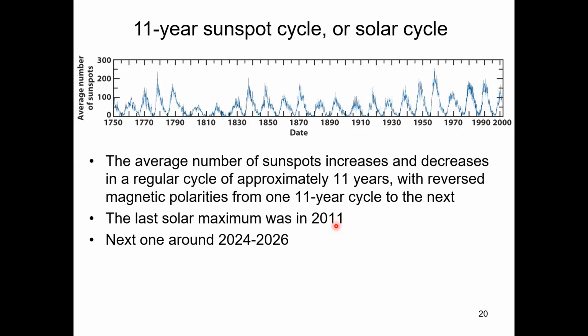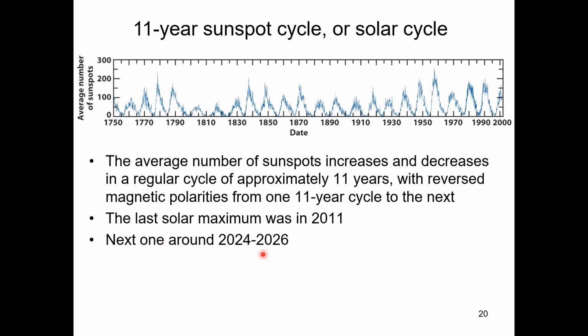So if you add another 11, maybe 2022. This year. Wow. But we don't have the peak this year, right? It is kind of delayed. The next one is expected between 2024 and 2026, maybe 2025.